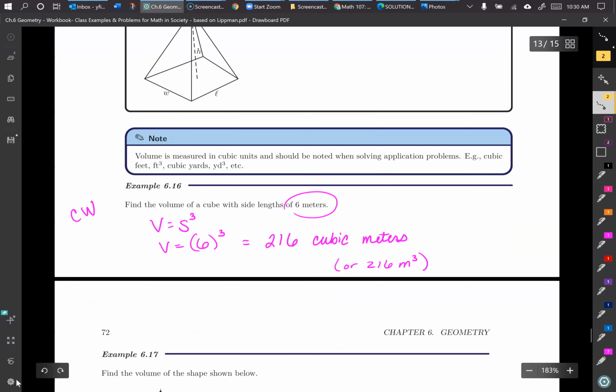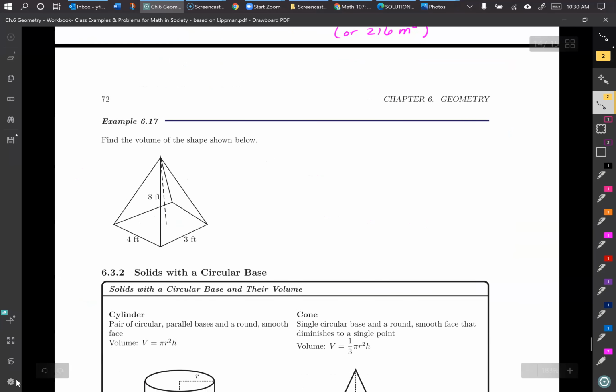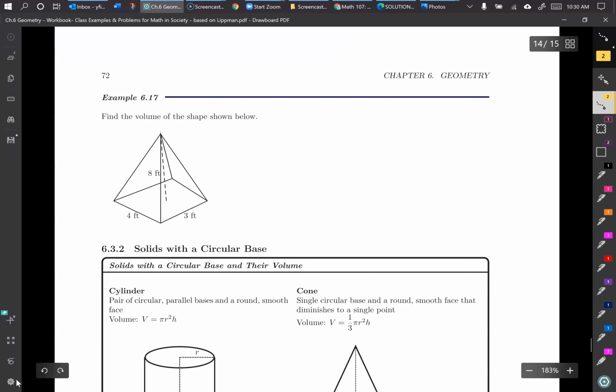So now the next one, again, we're just going to plug in to our formula, right? So our formula for volume of this shape here, we're going to have V equals 1/3 LWH, length times width times height.